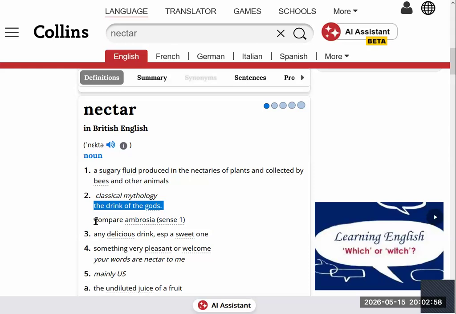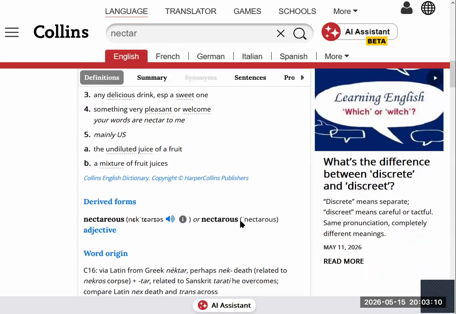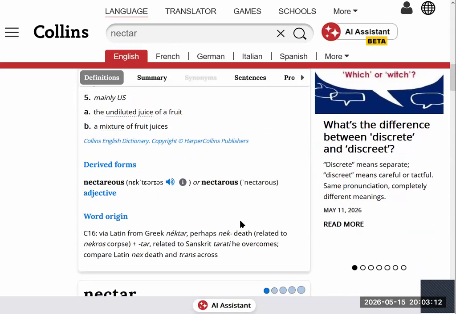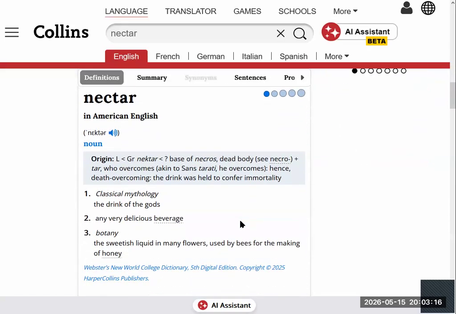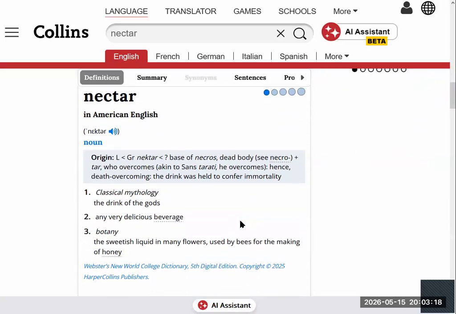So they drank nectar and ate ambrosia. Just for interest. Drinks for the gods, exactly. It sounds amazing.